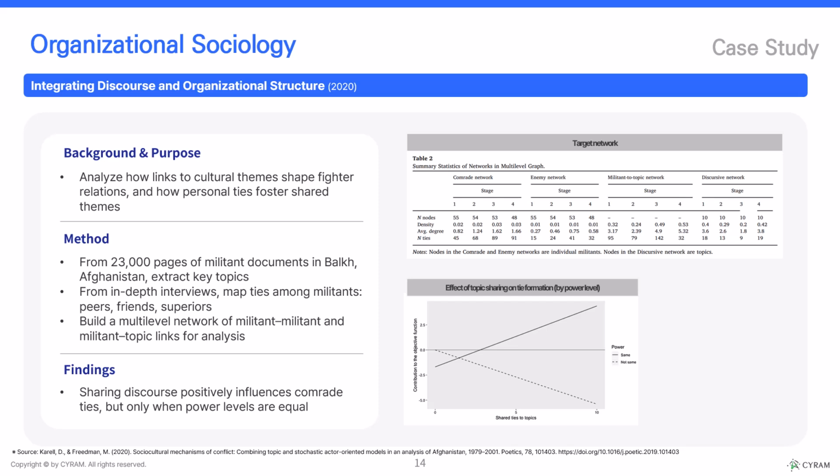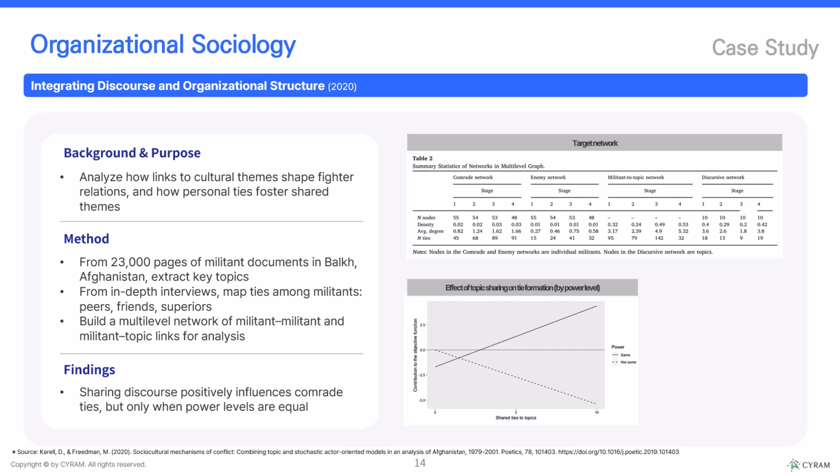This effect was especially strong when militants were on the same level of power. On the graph to the right, you can see that the more discourse militants shared, the higher the probability of forming comrade relationships. So this study shows how combining content analysis with social network analysis makes it possible to explain both context and organizational structure together.